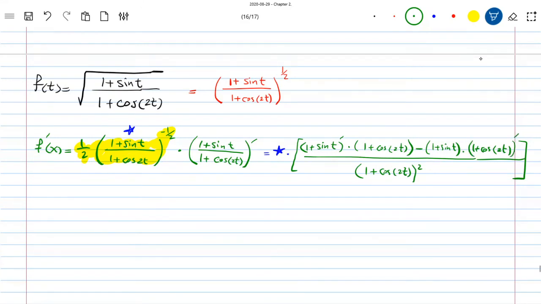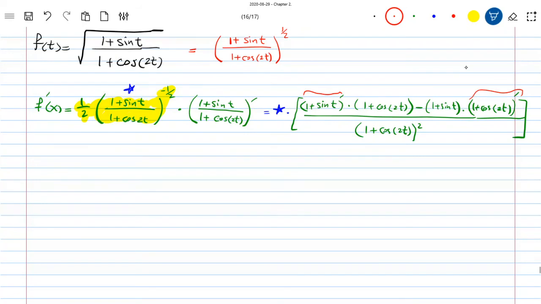Right, so at this point, what I can do is calculate each of these two derivatives separately and replace them back into the formula, because I don't want to keep rewriting this over and over. So I'm going to calculate the derivative of 1 plus sine t first, and after I do that, I will replace it here, number 1.